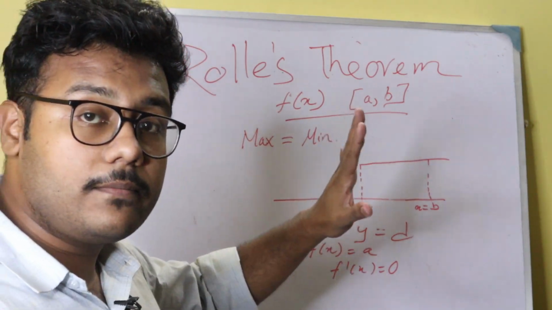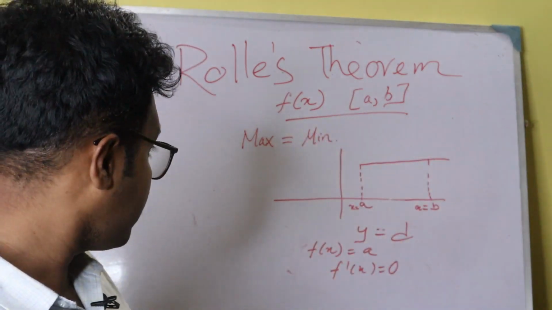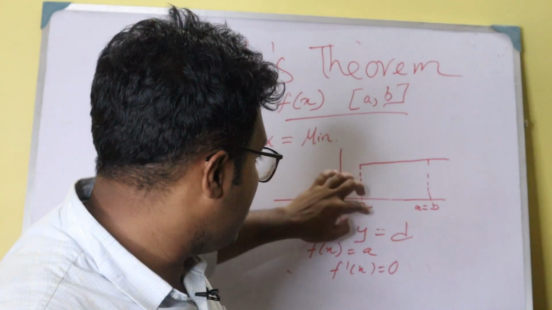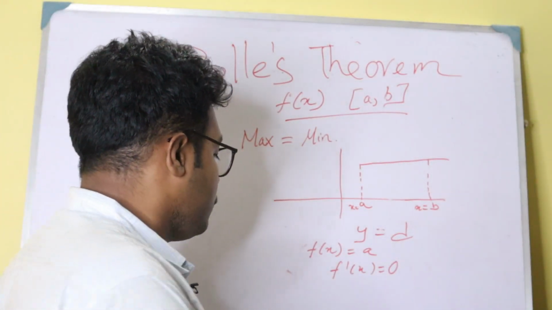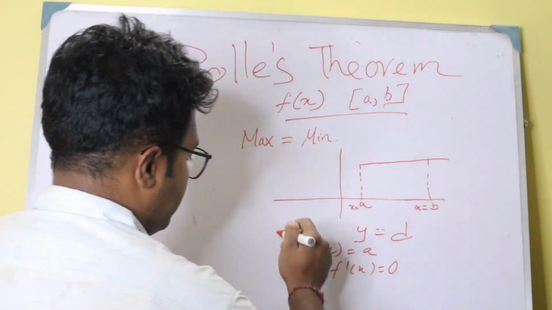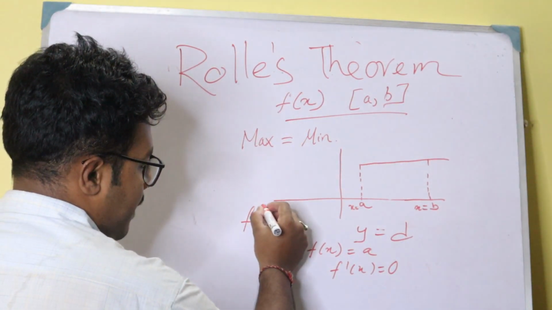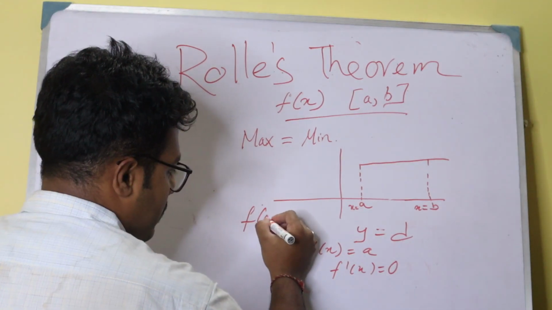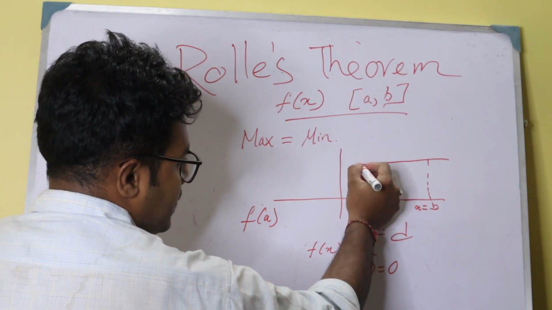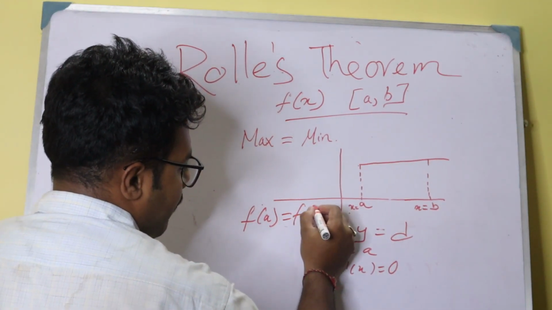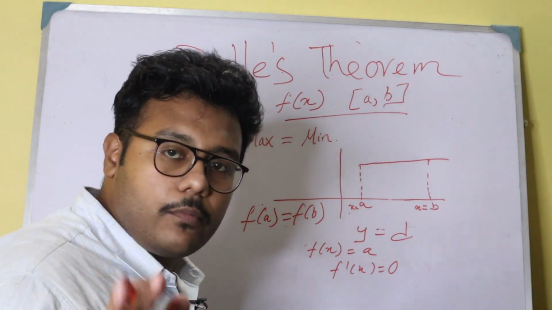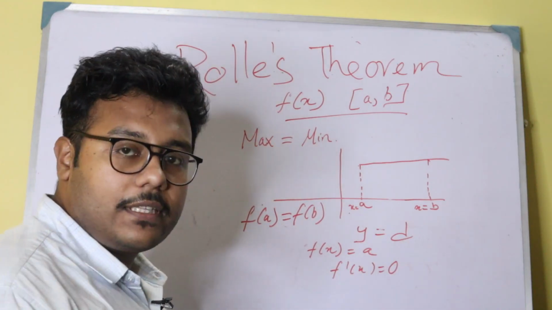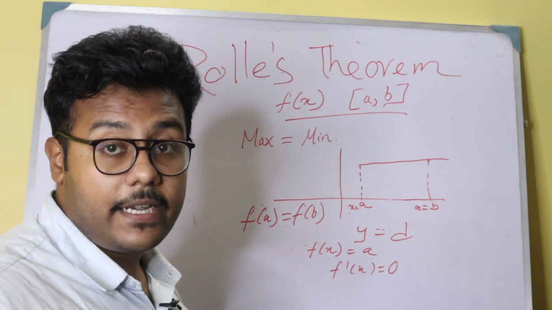Now coming back to this problem here, x is equal to A and here x is equal to B, right? Now what happens is f of A, that is this value, is equal to f of B, this value. The value is same, everywhere it will be d, so the three conditions of Rolle's theorem are satisfied.